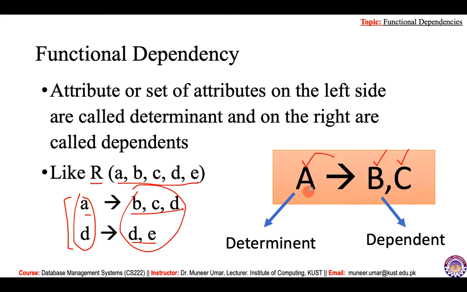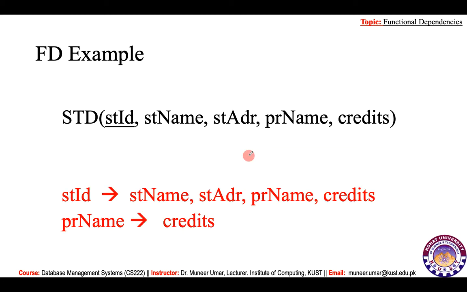So we can say that student ID determines the name of student and father name of student. So this is the example of student table.